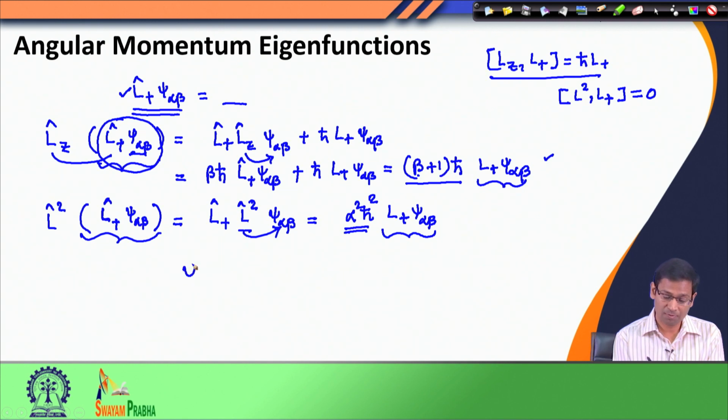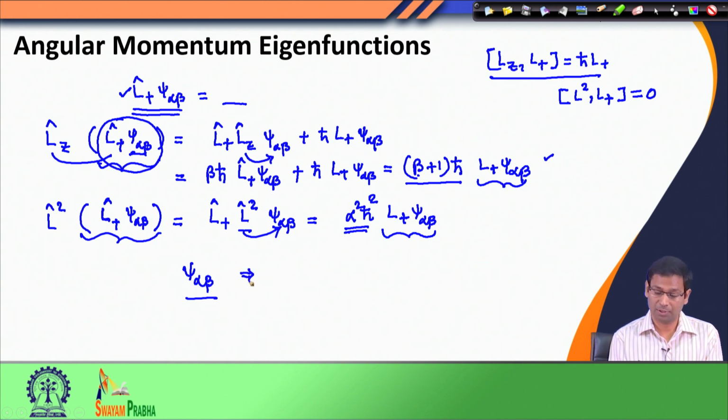So, I started with my psi alpha beta function, which I defined as the eigenfunction of L square and Lz operators, where alpha square h bar square was the eigenvalue of the L square operator and beta h bar was the eigenvalue of the Lz operator.